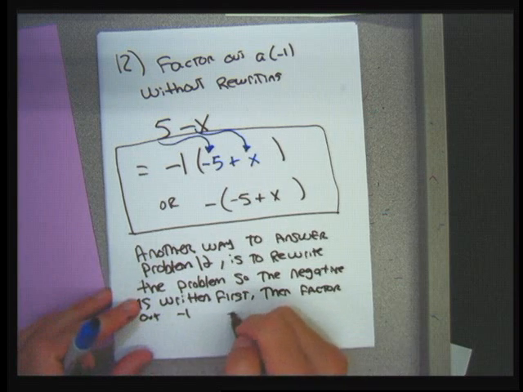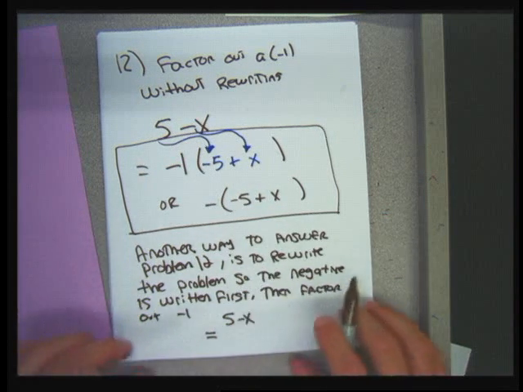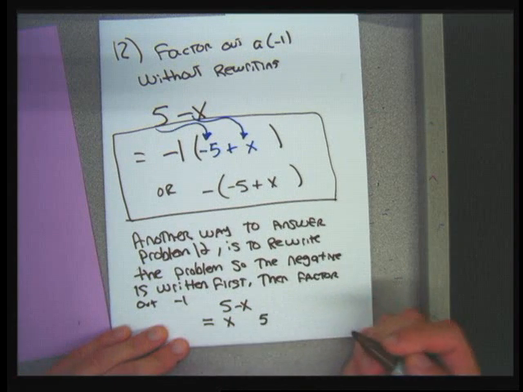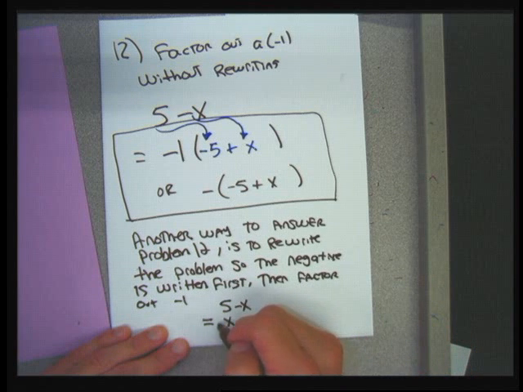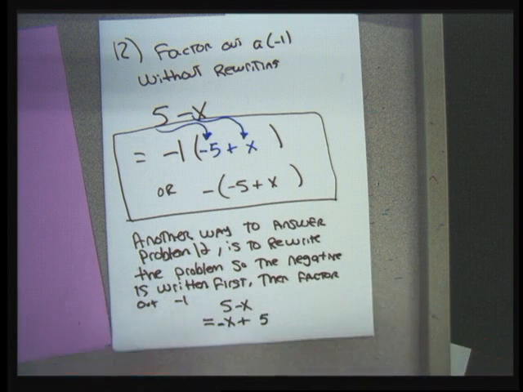So this problem right here, 5 minus x, is the same as the problem I'm about to write under it. I'm going to write the x first and the 5 second. The x in the original problem has a negative in front of it. If I'm going to rewrite it with the x first, the negative needs to stay first. The 5 doesn't have a sign. If I'm going to rewrite it with the 5 second, the 5 needs to have a plus.